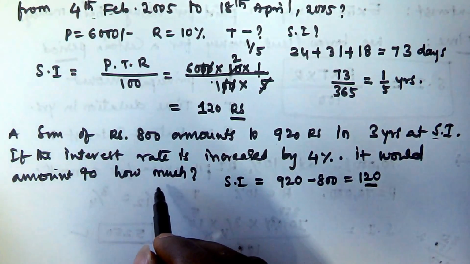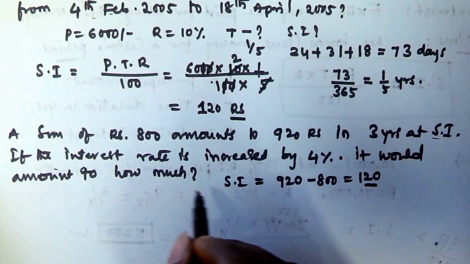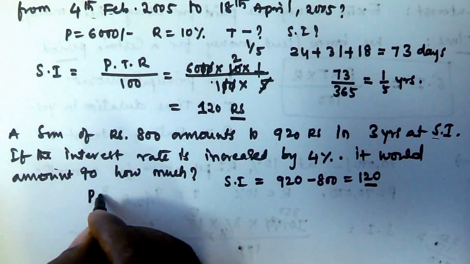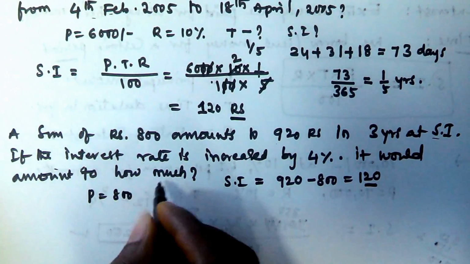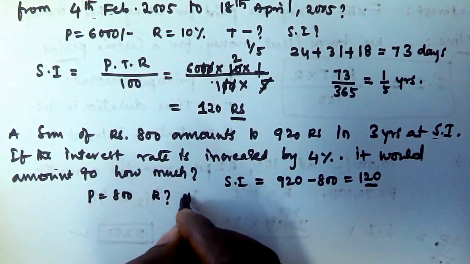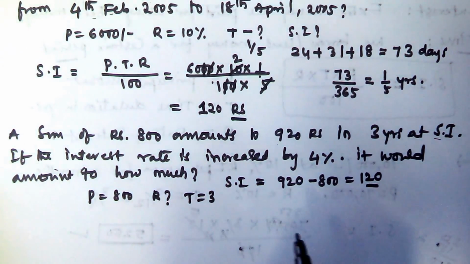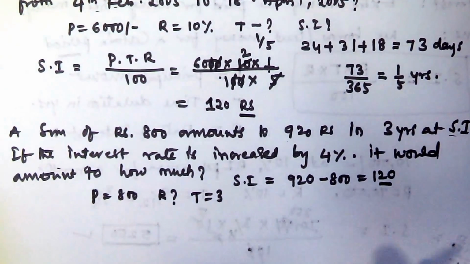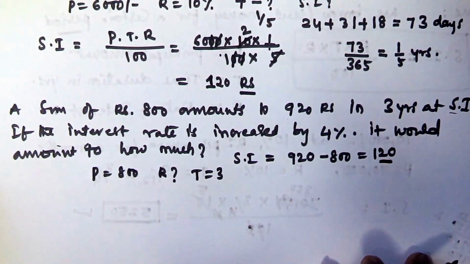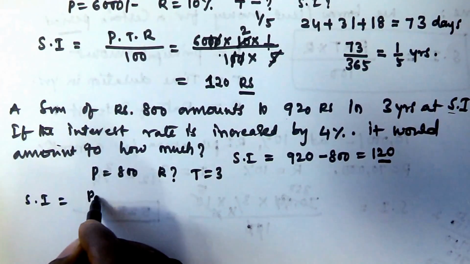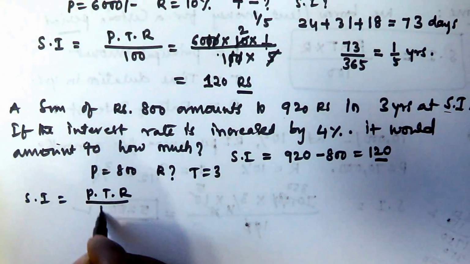So we have to find the actual interest rate. Here the principal amount is given as 800, the time is given as 3 years, and the simple interest is 120, and we have to find the rate of interest. We know the simple interest formula: simple interest is equal to P into T into R by 100.